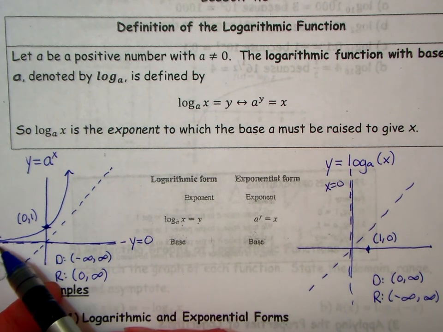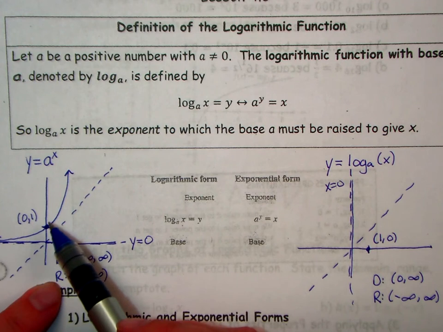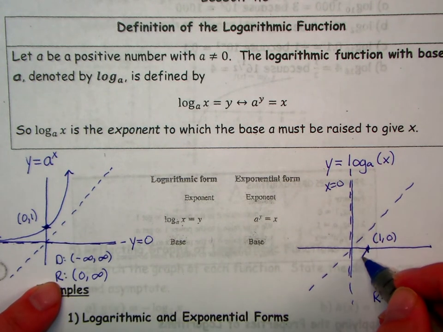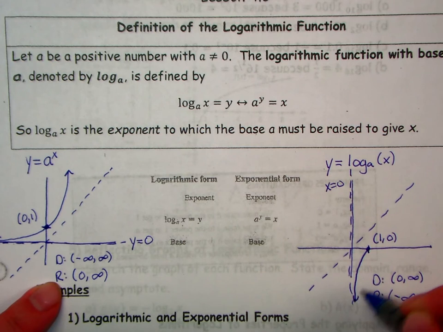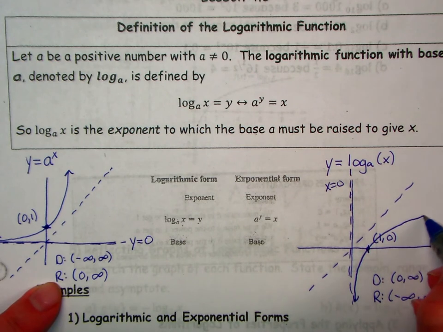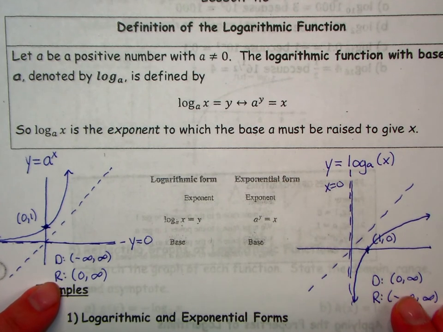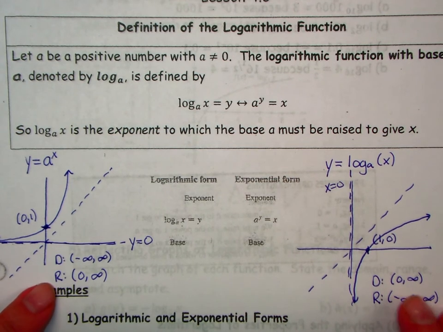Then if I reflect this over this line, it's going to approach 0 as it goes to negative infinity, and then it's going to increase ever so slightly on the way out. So this is the graph of log base a, and the relationship is that they're inverses of each other.